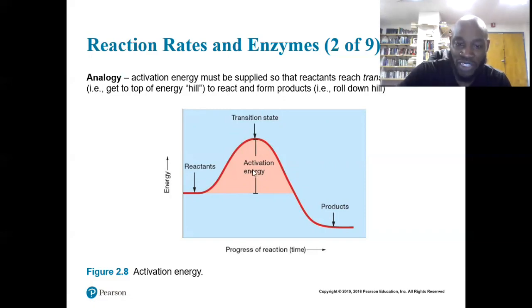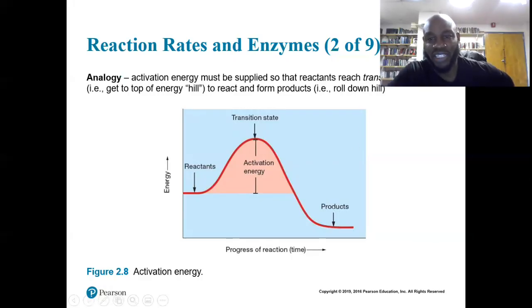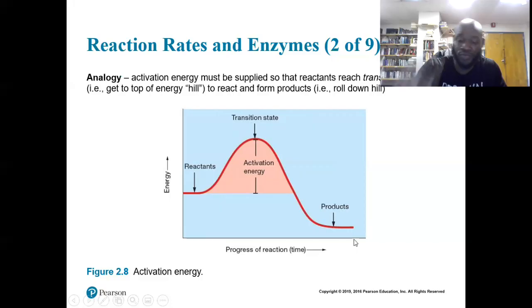We could overcome this activation energy, get them to this point, and then they would react and form water. That's what would happen over time. So activation energy must be supplied so that reactants reach this transition state and sort of get to the top of the hill so that they can react and form the products that you want them to form.